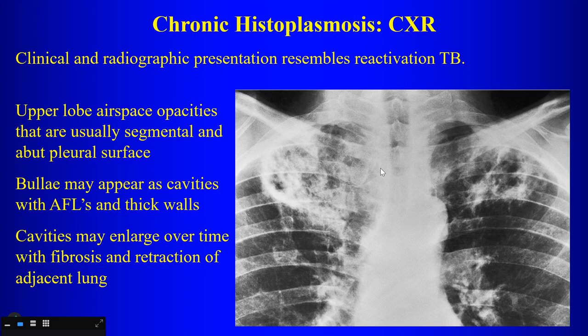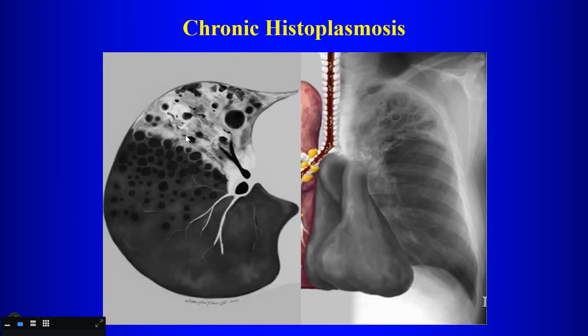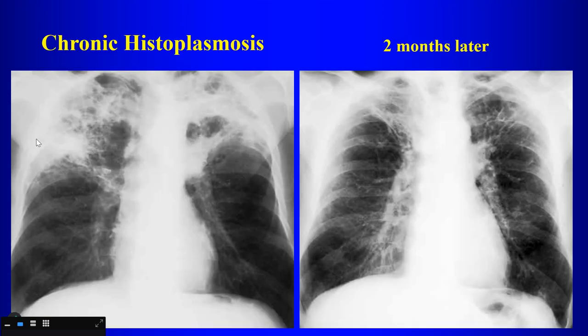So upper lobe kind of looks like fibrocavitary disease, but in many cases what you're looking at is really infected emphysematous bullae with histoplasmosis. And it can also develop fluid levels. So we're looking really at these areas of bullae that are infected with chronic histoplasmosis.